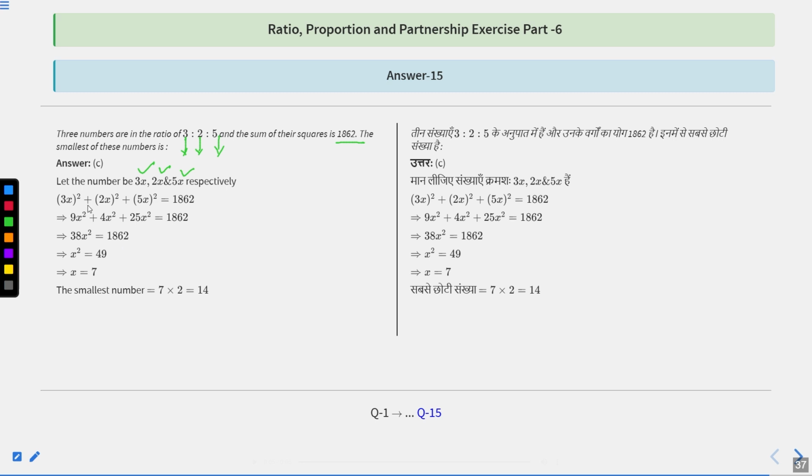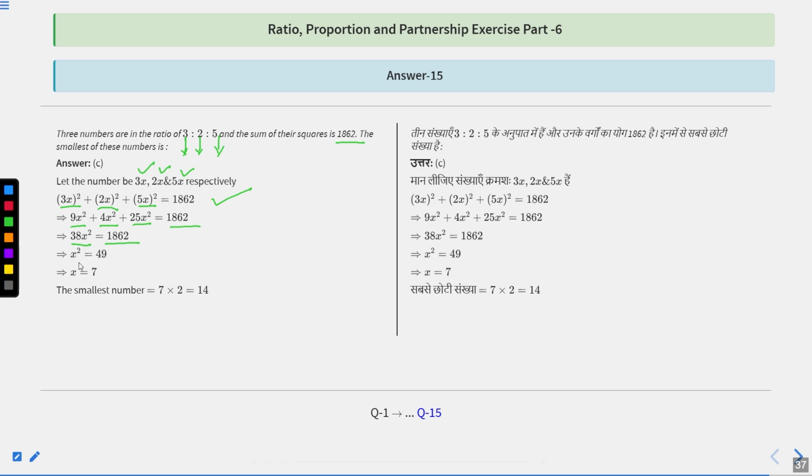So 3x square plus 2x square plus 5x square equals 1862. 3x square becomes 9x square, 2x square becomes 4x square and 5x square becomes 25x square, which equals 1862. When we sum up, we get 38x square equals 1862.